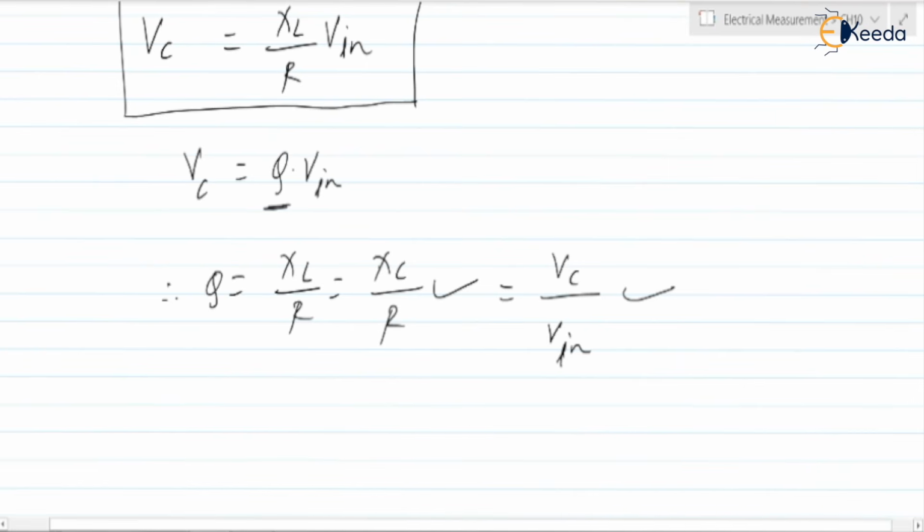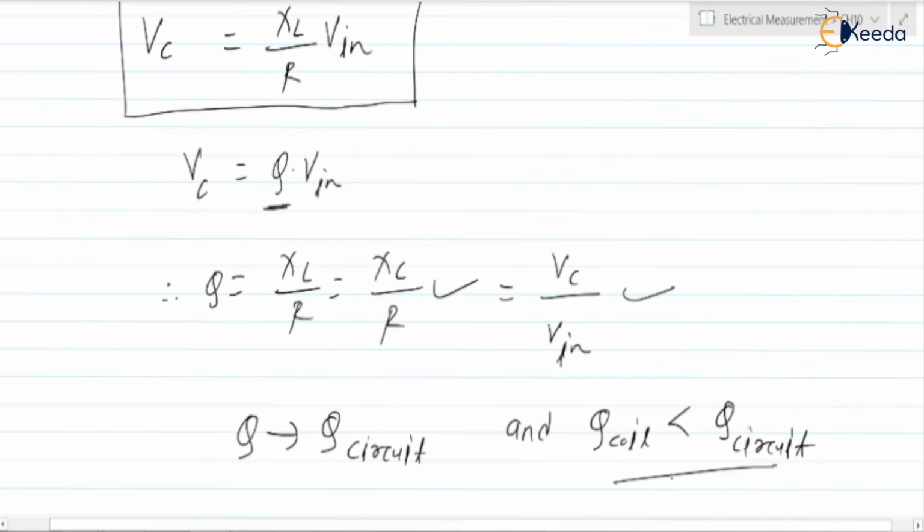So the Q factor of the coil will be somewhat lesser than the Q of the circuit. But generally we consider this Q factor to be nearly equal to the Q factor of the coil.